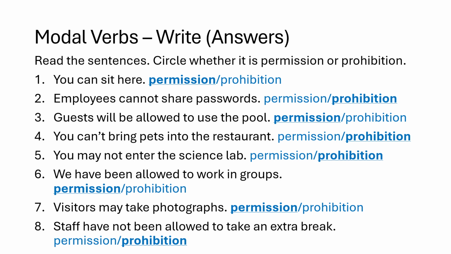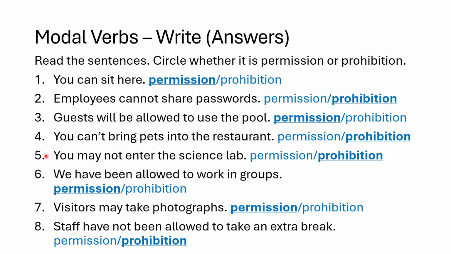Check your answers. 1. You can sit here. This is permission. 2. Employees cannot share passwords. This is prohibition. 3. Guests will be allowed to use the pool. This is permission. 4. You can't bring pets into the restaurant. This is prohibition. 5.